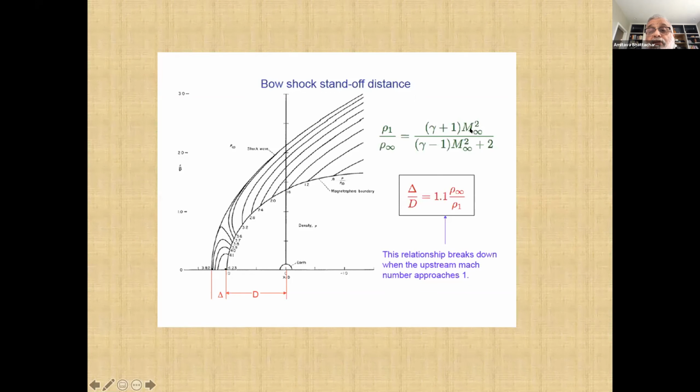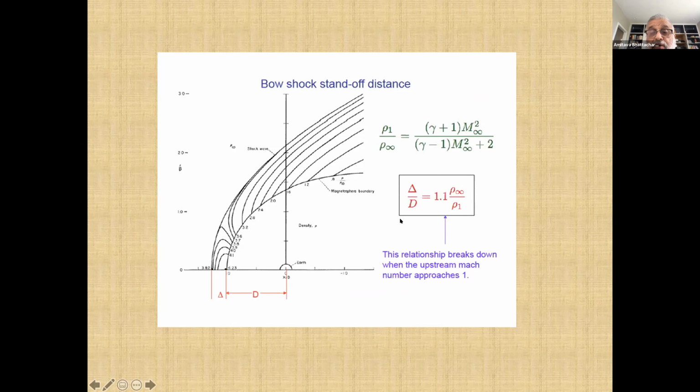If you go to the limit of a very, very high Mach number shock, then you get this compression ratio to be 4, you remember. That's what this formula is. Now, if you use this, you find that delta over D, which is the distance from the bow shock to the magnetopause, is 1.1 rho infinity by rho 1.